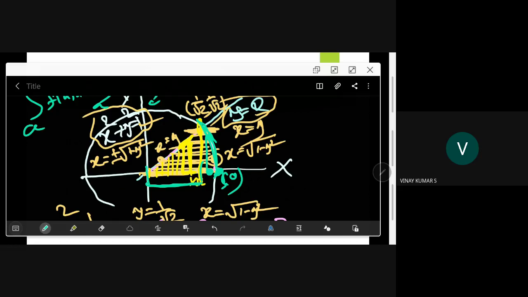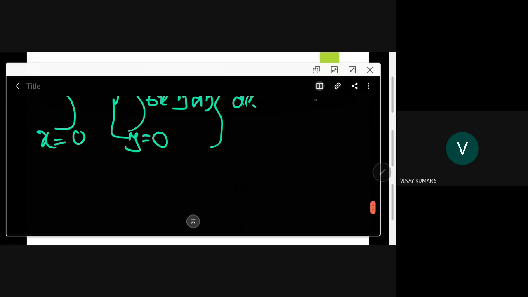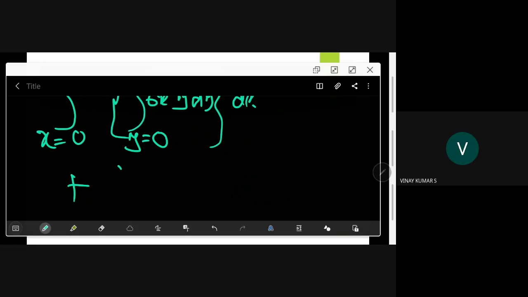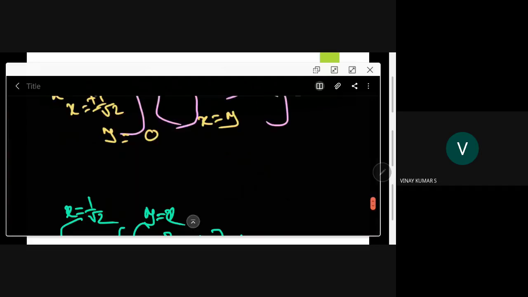So next you have to write plus x is equal to 1 by root 2 to x is equal to 1, again 6x square y dy dx. Here y value is again from 0, but the upper y value here is square root of 1 minus x square, not minus, because we are in the first quadrant.